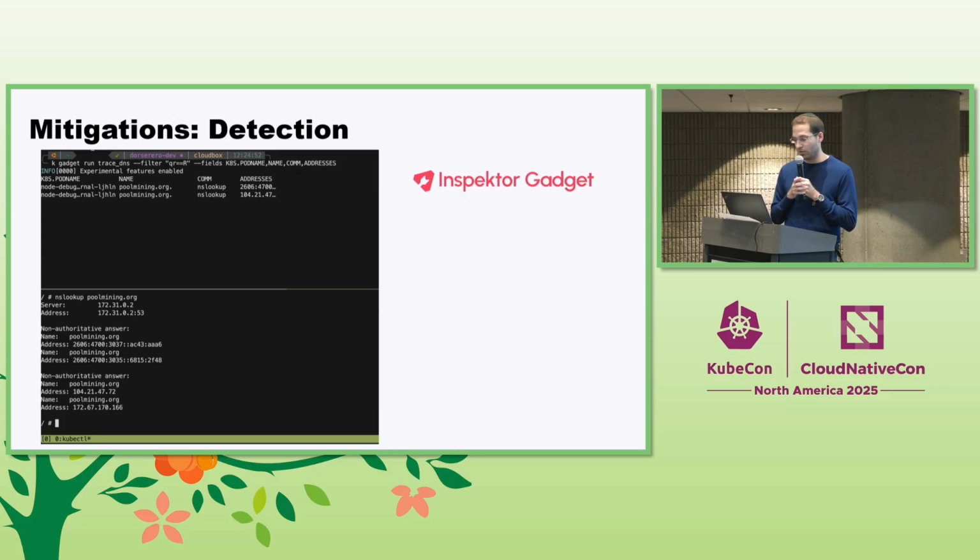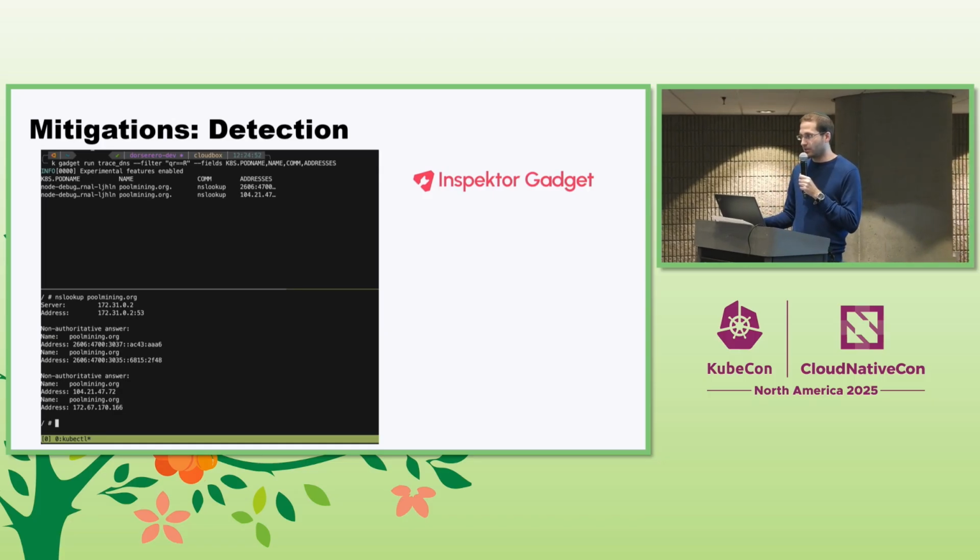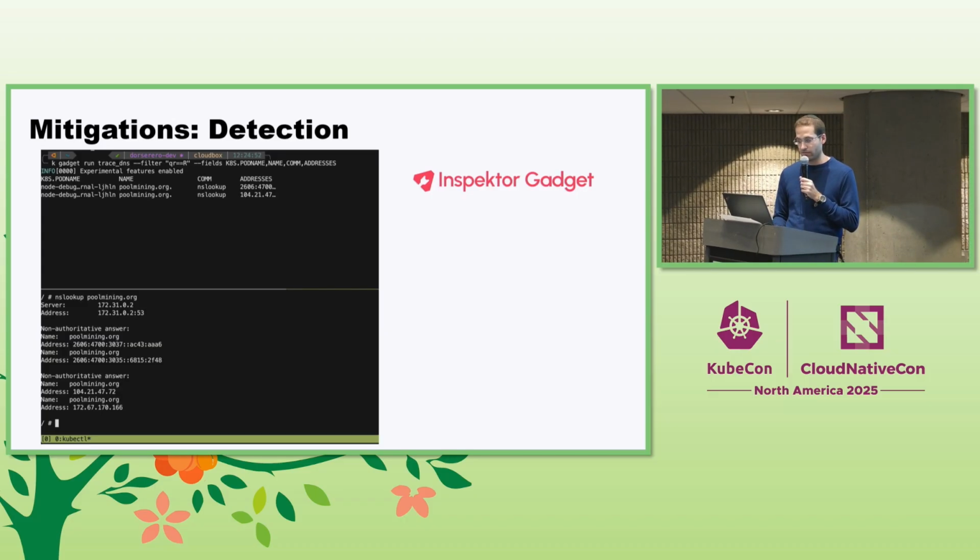For this demonstration, it's just by using nslookup. And in the upper window, you can see the actual DNS request in the gadget that shows this activity. As we just said, many containers are very consistent. So for many of them, any abnormal or unusual activity should raise a flag.